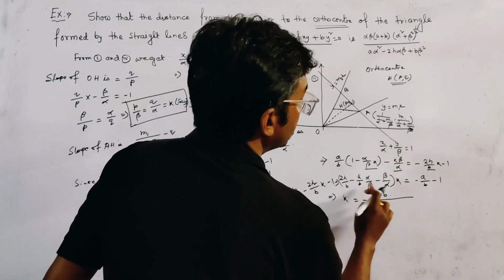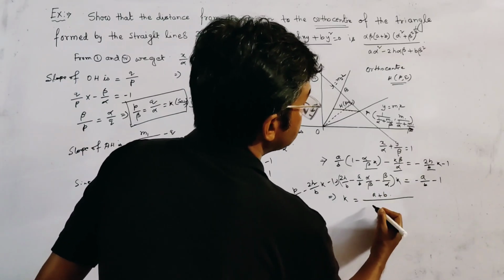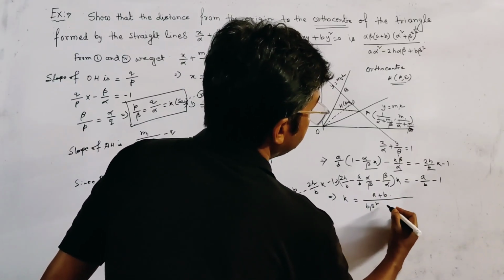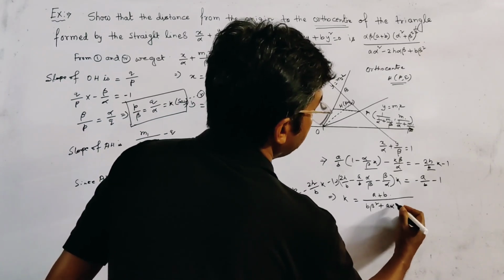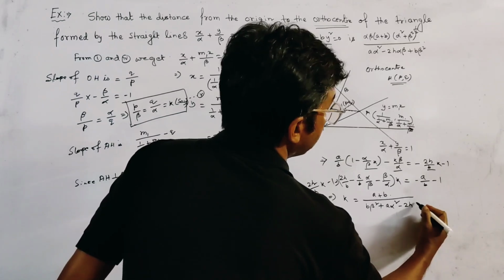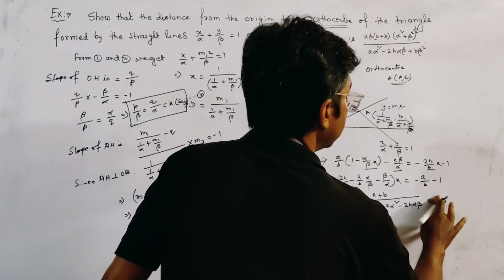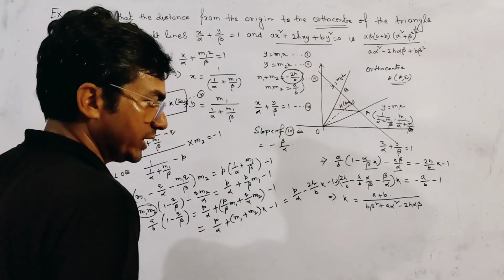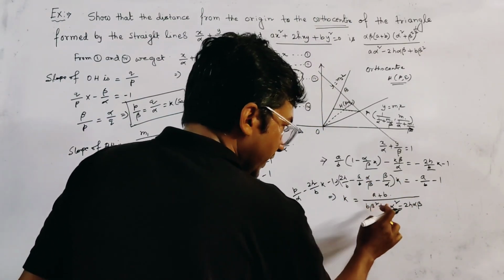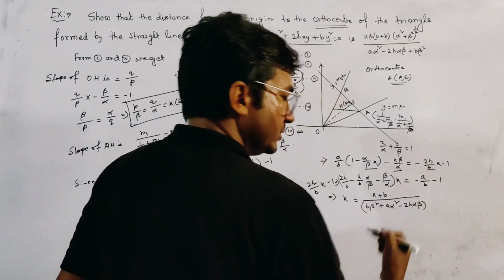Now calculating k, this is equal to a plus b, and this is given by, we multiply here with a minus and we get, b beta square plus a alpha square minus 2h alpha beta. So we get the value of k, this is equal to a plus b by a alpha square plus b beta square minus 2h alpha beta.